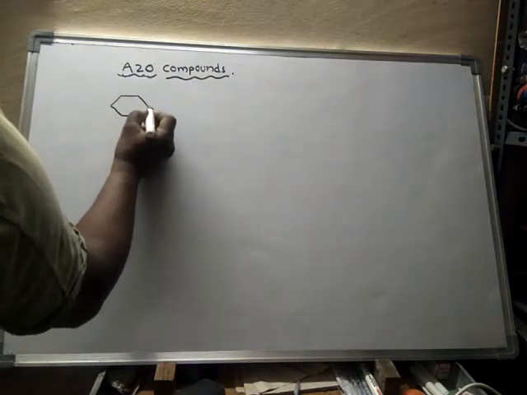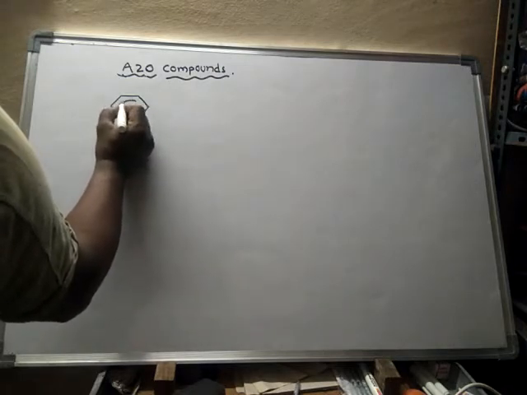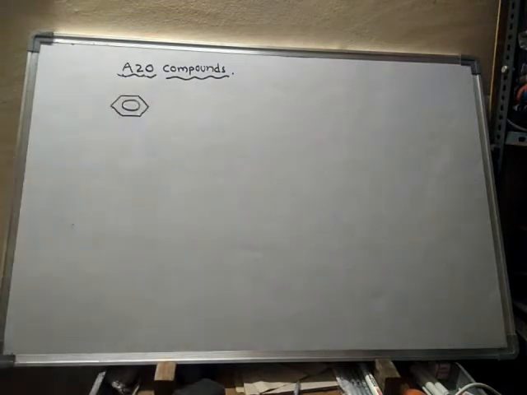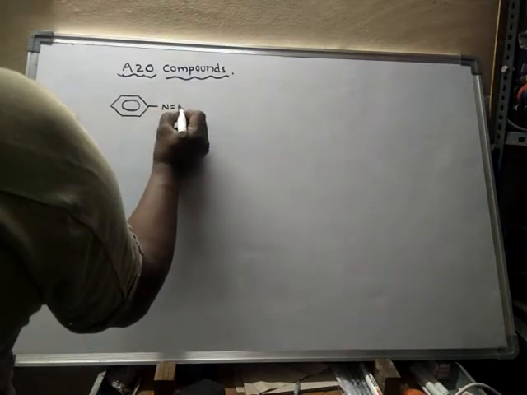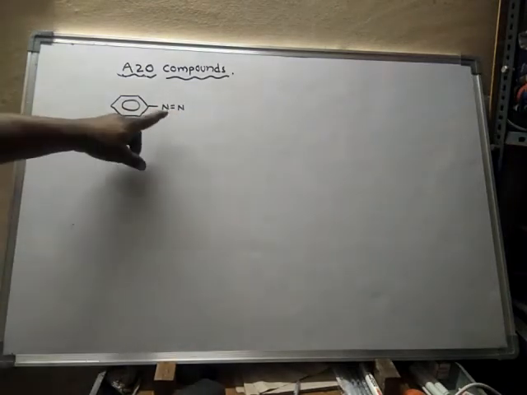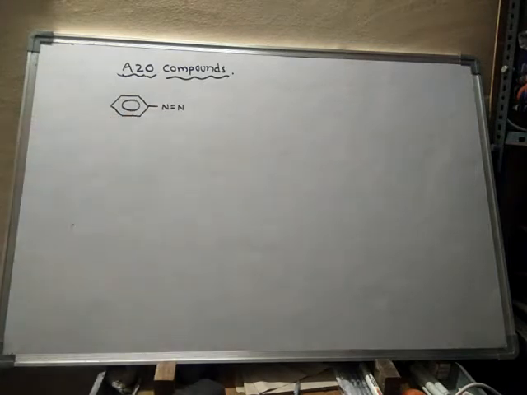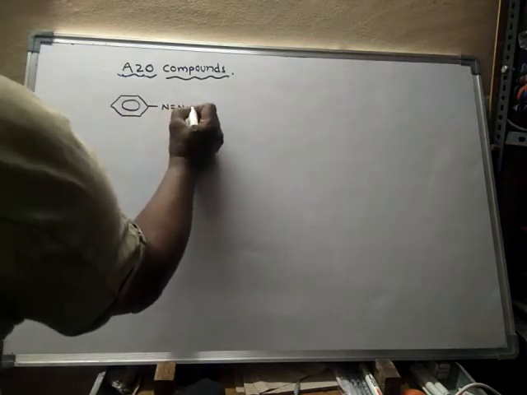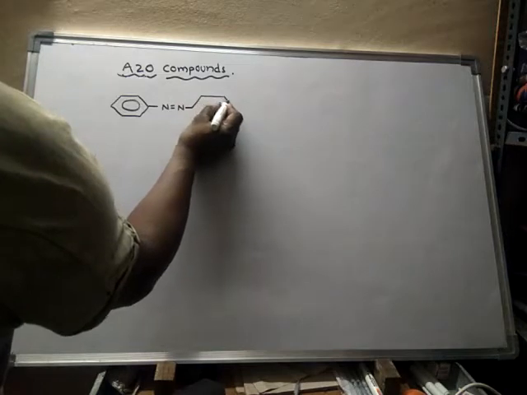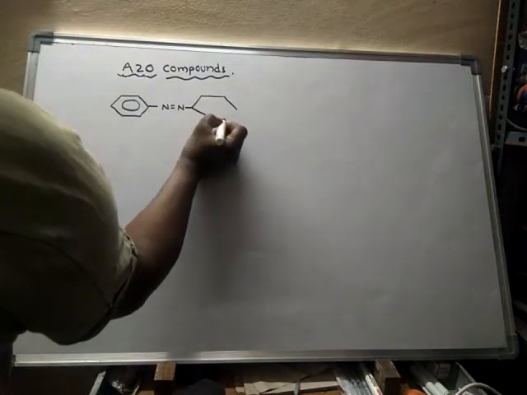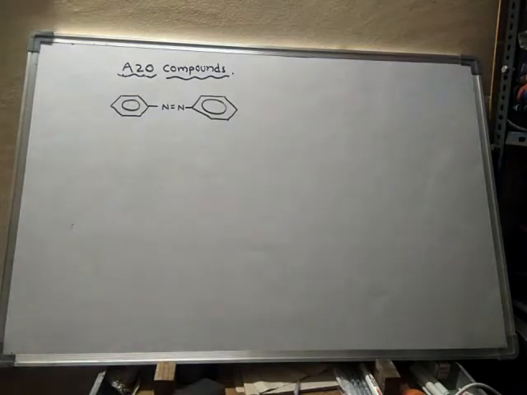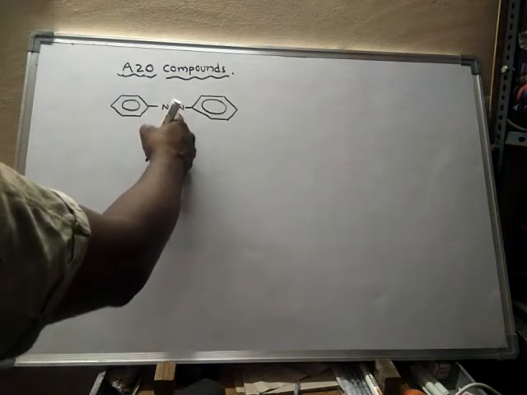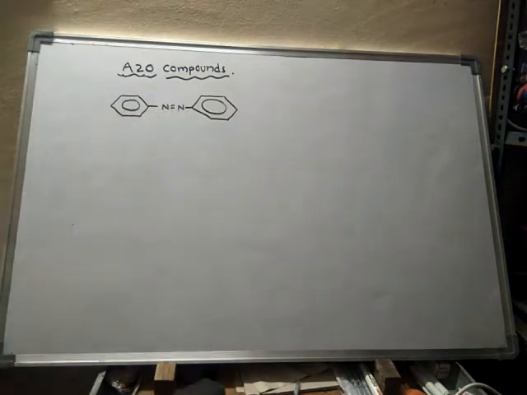This is a benzene ring, or else phenyl ring. Okay. So one phenyl ring is attached to nitrogen. Between the nitrogens there is a double bond, and this nitrogen is also attached to another phenyl ring. That means two benzene rings are present, and between the two benzene rings, two nitrogens with a double bond between them are present.